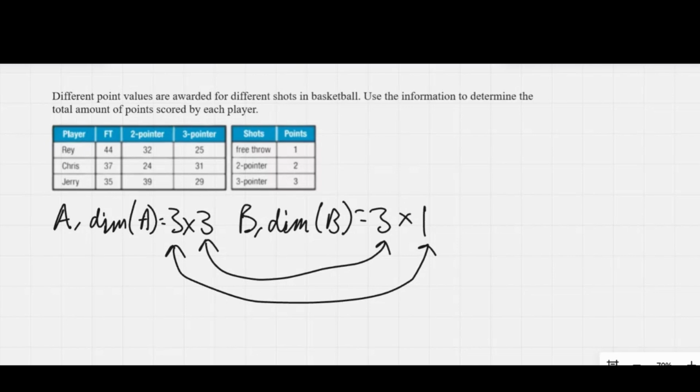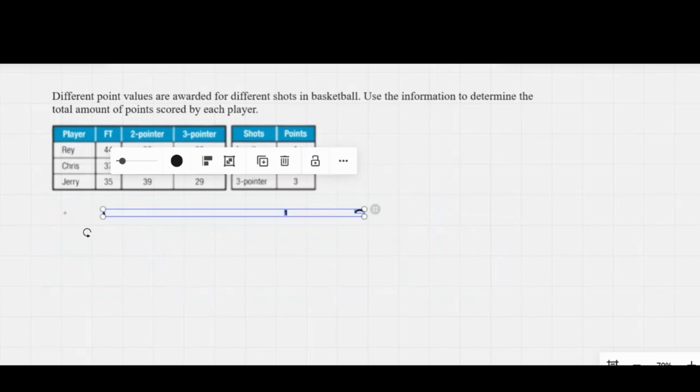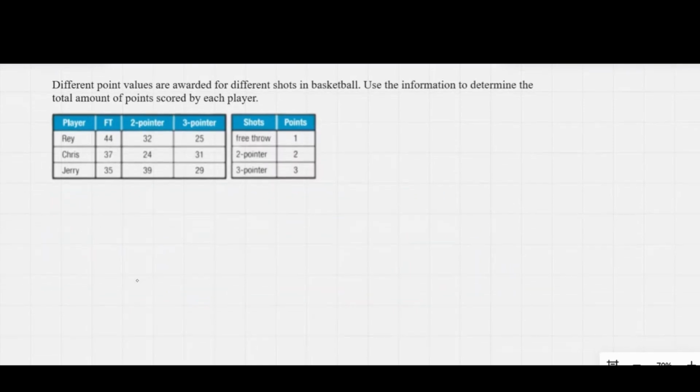All right, so let's do the matrix multiplication. Let me erase this real quick. Okay. We don't even need to compose the matrices. Let's just do the dot products. First, we're going to multiply the values in this row by the respective point totals, treating each of these as vectors.